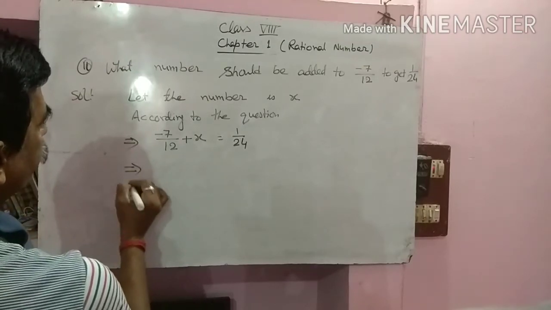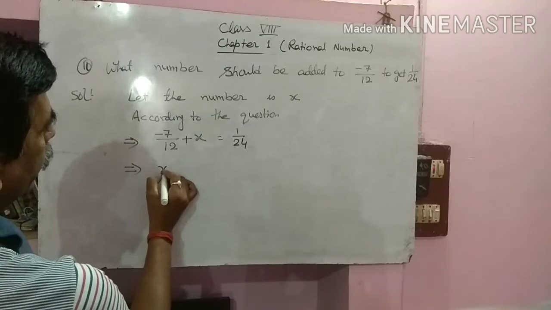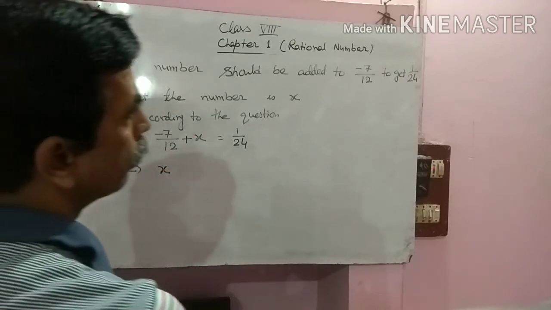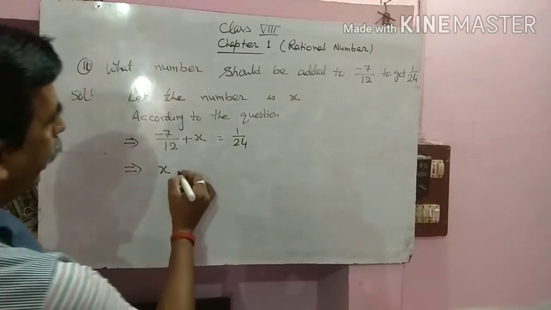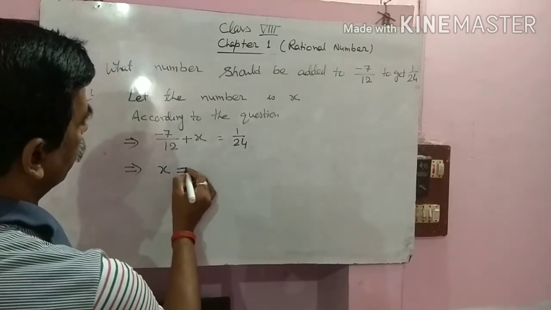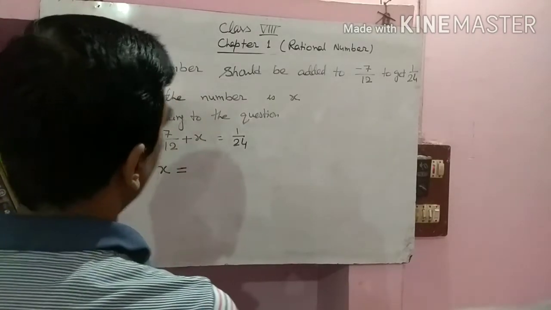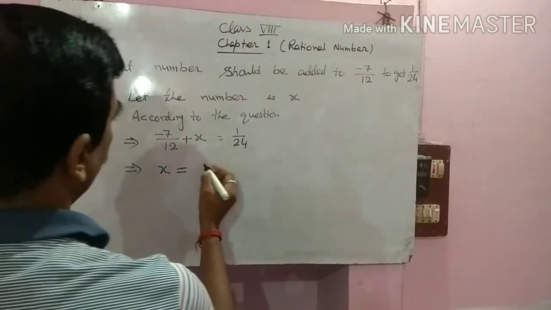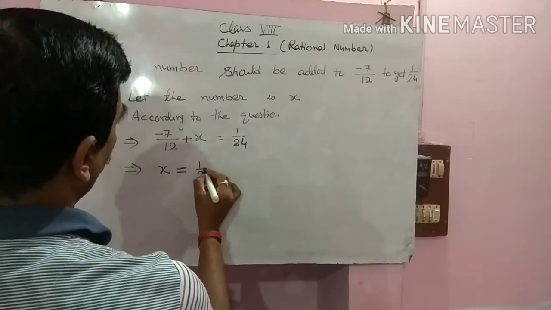So we transpose it, leave the variable on one side of the equal sign and the rational number on the other side. So it becomes 1 by 24.